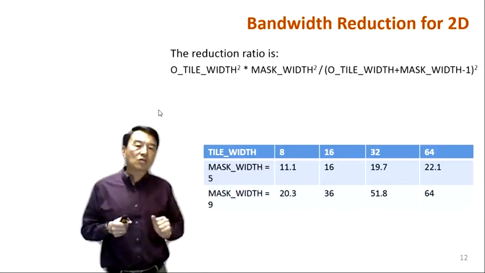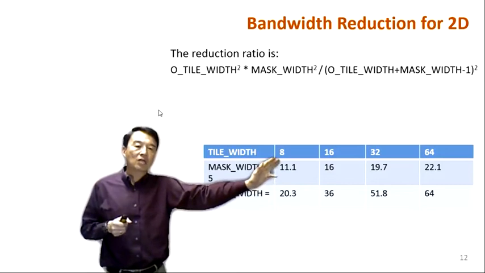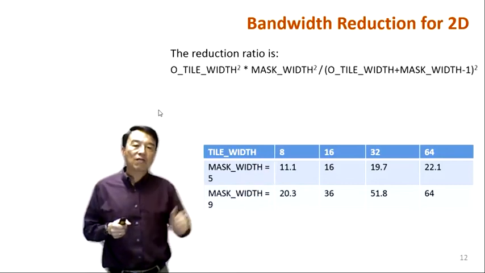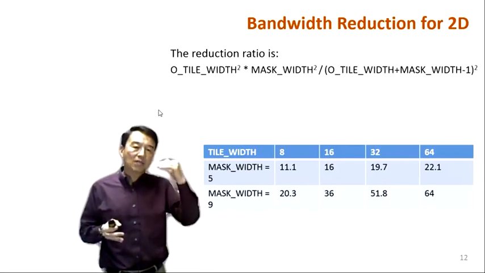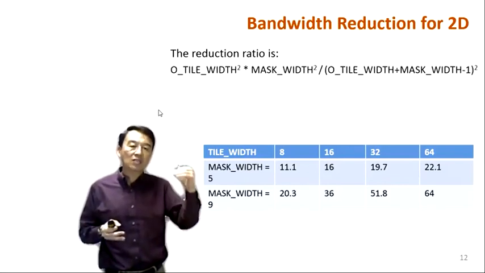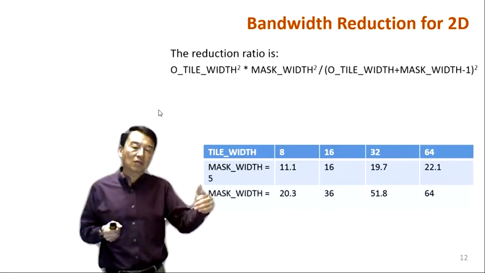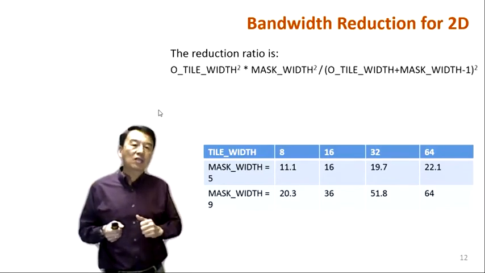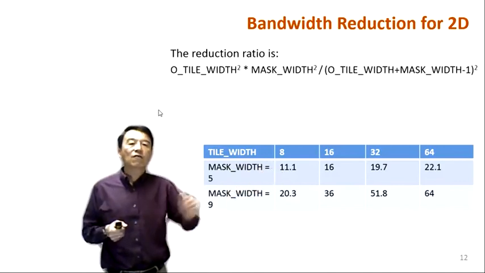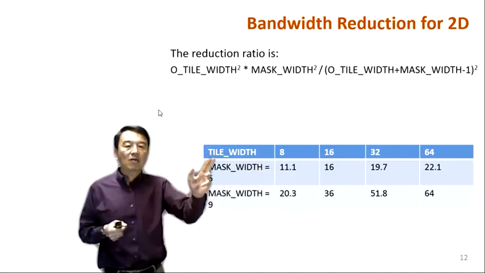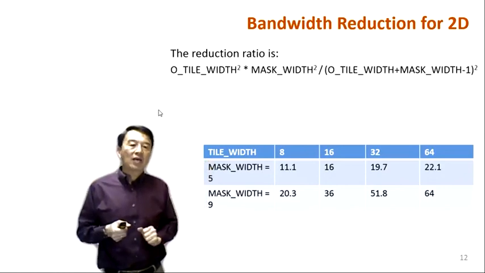So our kernel is going to operate more in the 16 by 16 realm. In fact, a good number is going to be 12 by 12 for the output tile and 16 by 16 for the input tiles. And that will give us somewhat less than 16 times reduction for the mask width of 5.